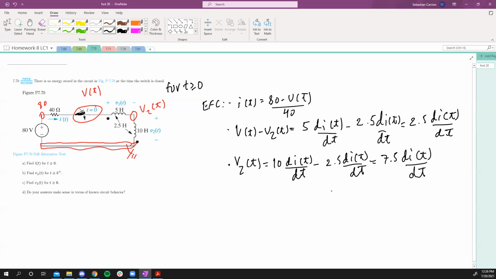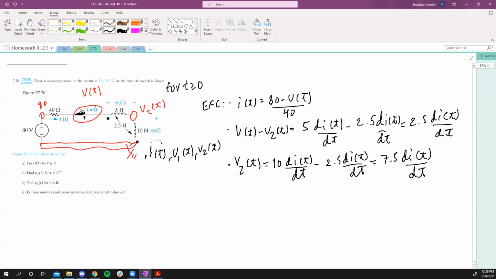Okay, so now that we have our equations, our variables, we want to find i(t), v1(t), v2(t). In case we would want to plug this into Maxima, but there's really no need.